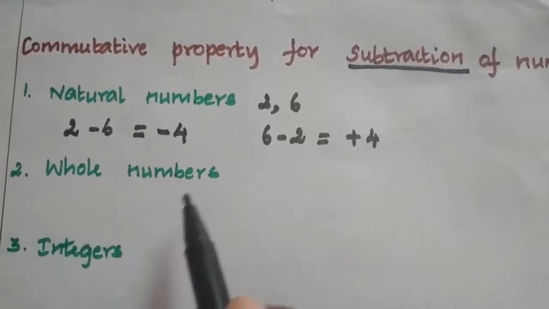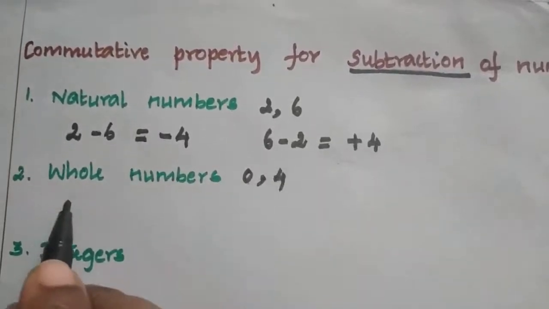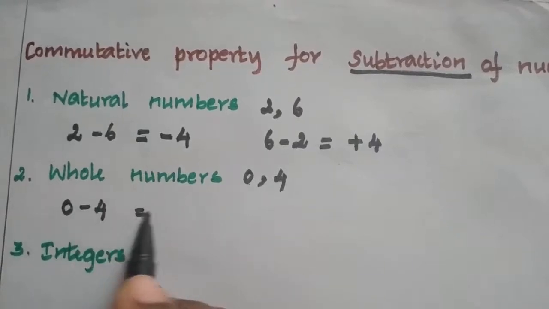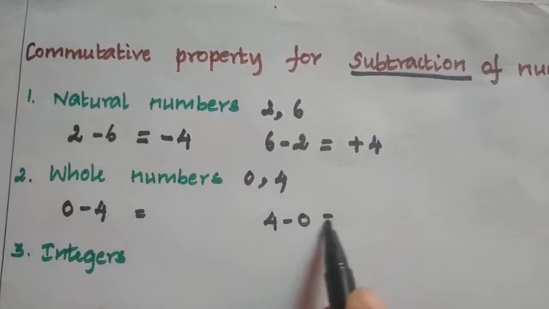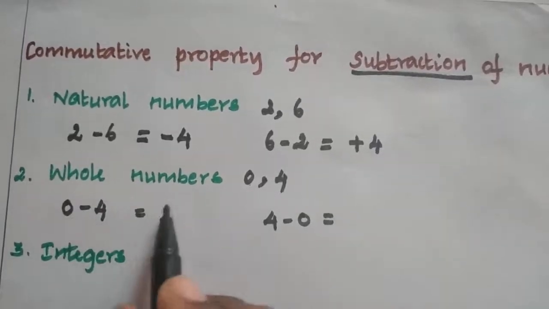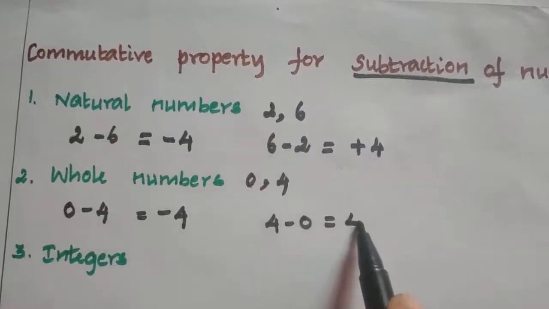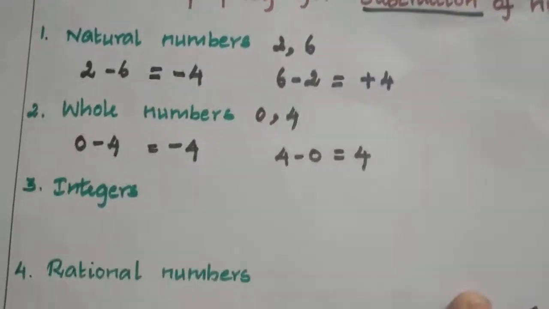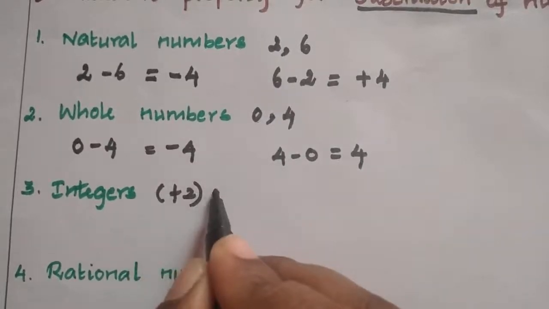Let us take two whole numbers, 0 and 4. So 0 minus 4. Here we are going to interchange these two numbers, 4 minus 0. 0 minus 4, obviously you know that this is minus 4, and 4 minus 0 is 4. Take two integers, plus 2 and minus 5.